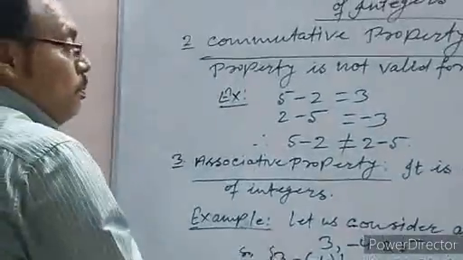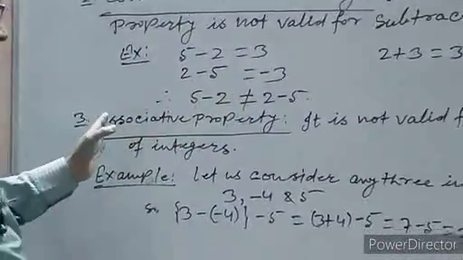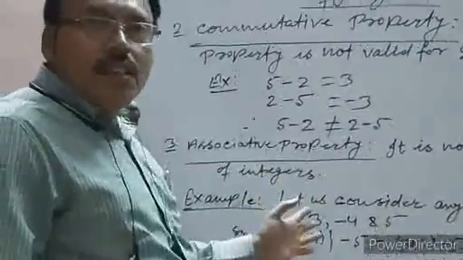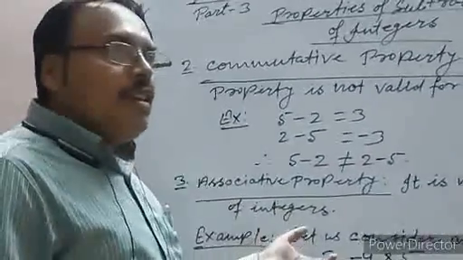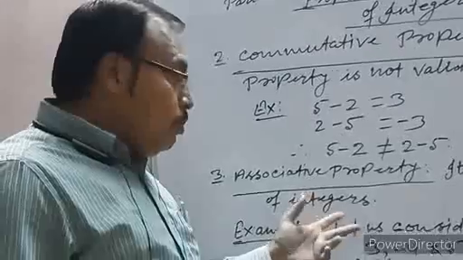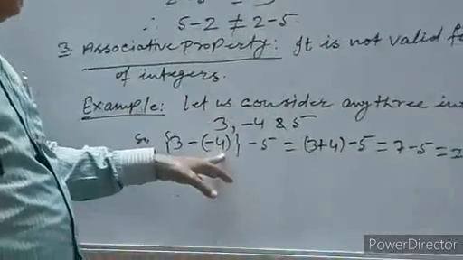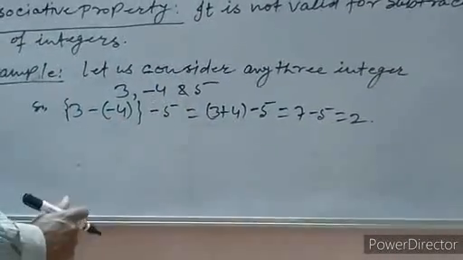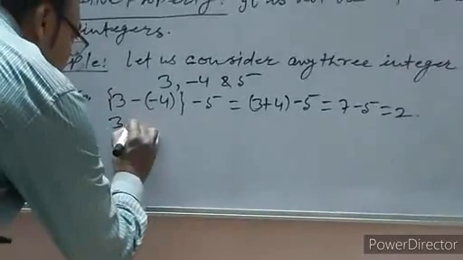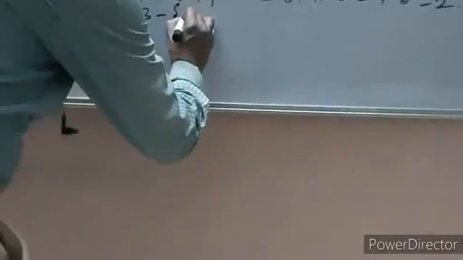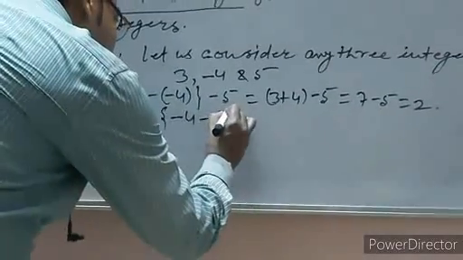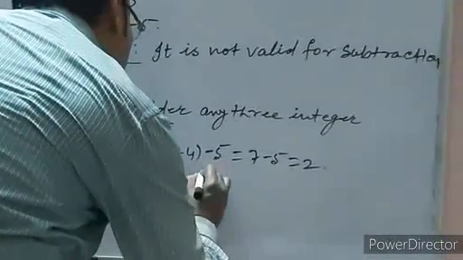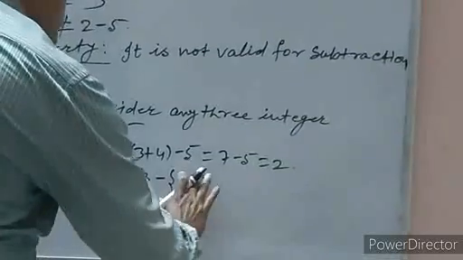Associative property for addition was that while adding any three integers, we can add them in any group. So here we make the group 3 minus 4, and now we put 4 and 5 into the group. So 3 minus, 4 minus 5, equal to 3 minus 9.